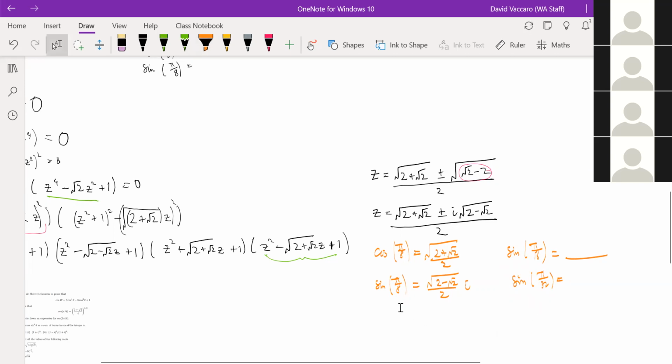Okay, question, why would that be cool? If you could get some expression for sine of pi over 2 to the power n, why would that expression be a nice thing to have?